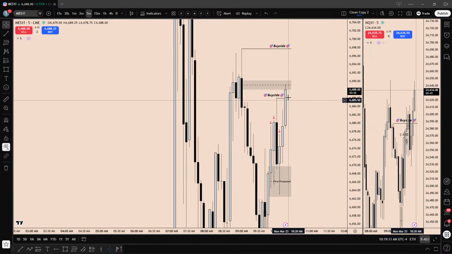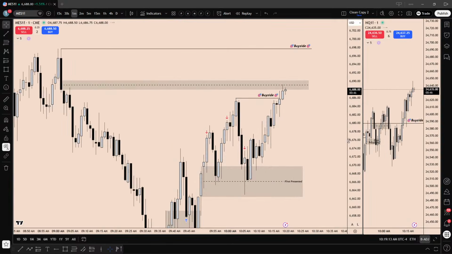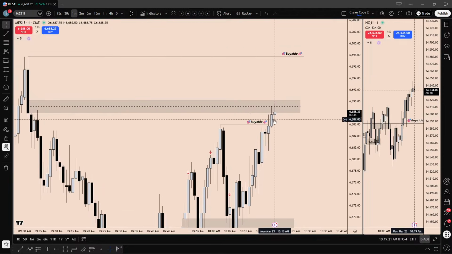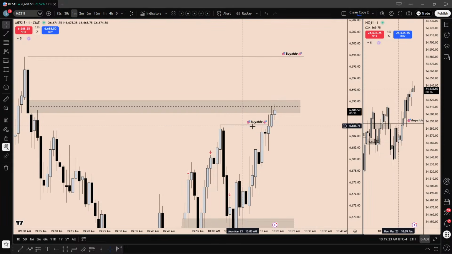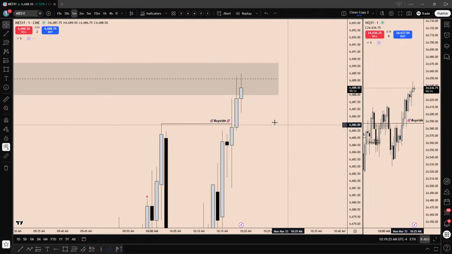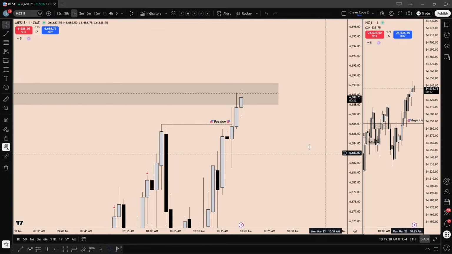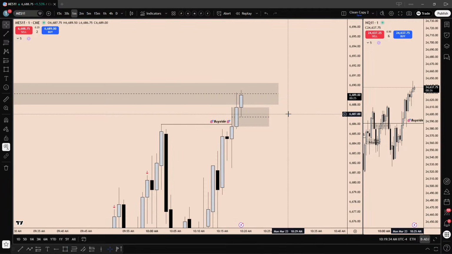Higher time frame has not. Wait for this 5 minute to close. Still no inefficiencies or anything created. One thing to note, however, is this candlestick closes above the buy side for the first time. Did we? Okay, so we actually didn't get above that wick either. If we did close above this wick, we could look at that wick as a gap itself.